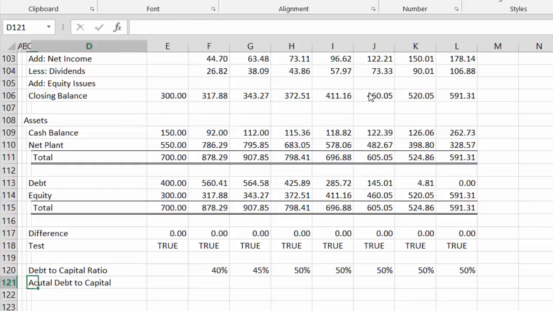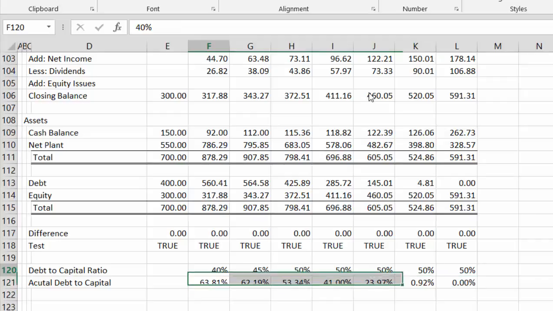And let's take the debt divided by debt plus equity, shift control P, shift control R. So we want to keep it constant.